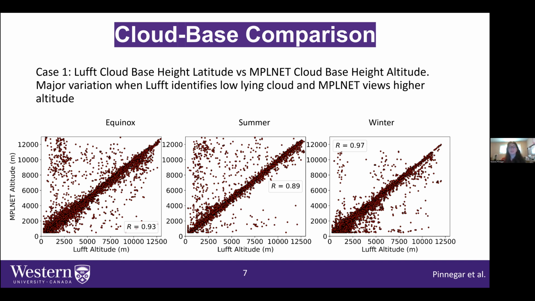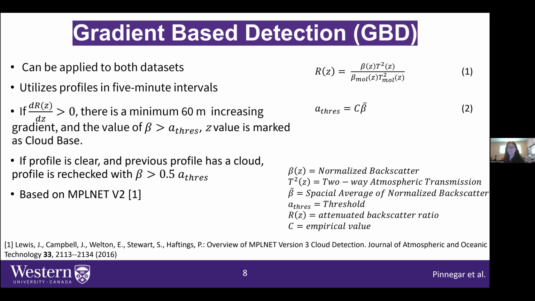We wanted to go back and look at this by applying the same algorithm to both instrument data sets. Our goal is to reduce that high altitude population, to make sure that instead there's a simultaneous low and high first layer. We want to reduce those and bring it back towards the regression.